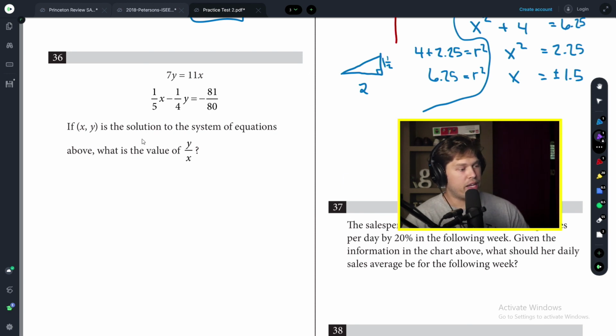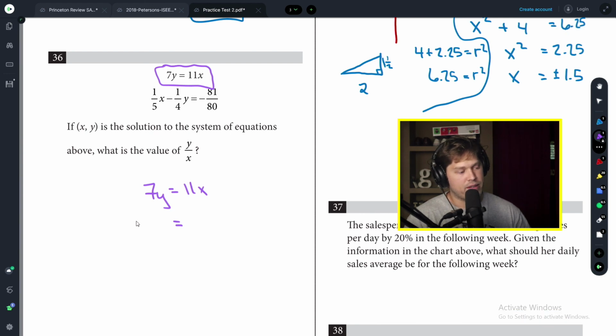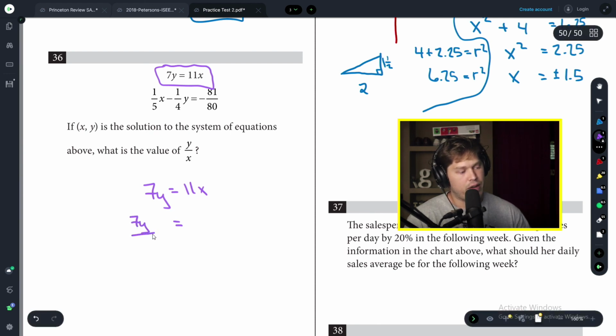If x, y is the solution to the system of equations, what is the value of y over x? Notice how this top equation gives us 7y equals 11x. Let's divide both sides by 11x to give us 7y over 11x equals 1.